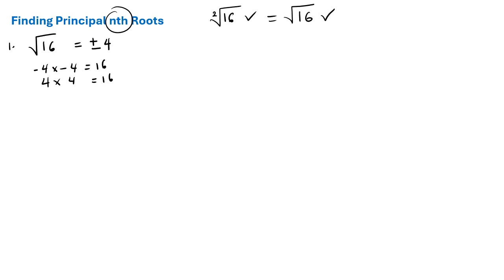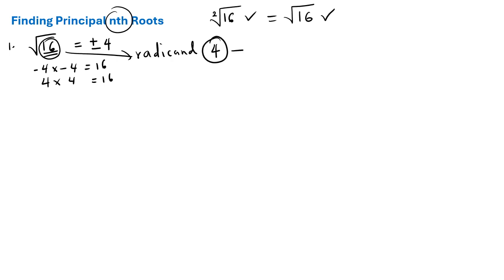But if you're talking about a principal square root, the principal square root must have the same sign as 16, which is called the radicand. The number under the radical sign is called the radicand. Because the radicand is positive, you want a positive answer. So we'll throw out the negative sign and just keep positive 4.